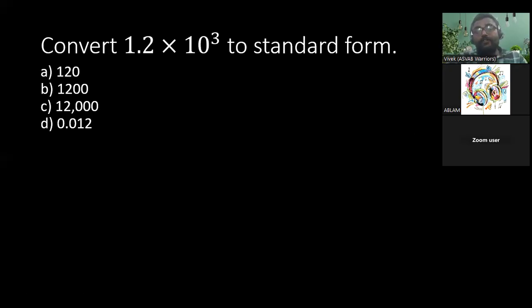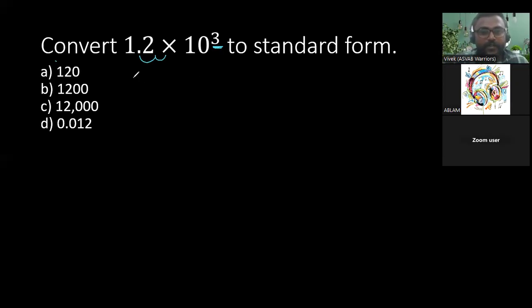Now, whenever a number is already given in exponential form, how do we convert it into standard form? It's very easy. Remember, if the exponent is positive, move the decimal ahead. If it is negative, move the decimal behind.